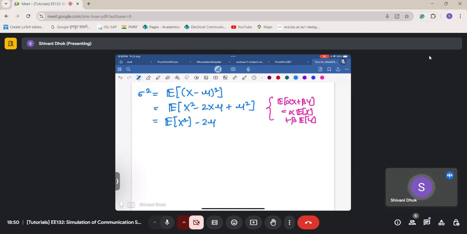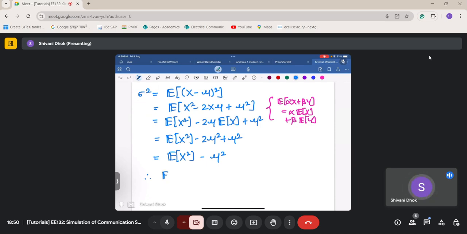These two are constants, I can take them outside. Expectation of x plus mu square. Mu is constant. Then we have expectation of x square minus, expectation of x is mu, so this will be 2 mu square plus mu square. This is equal to expectation of x square minus mu square.